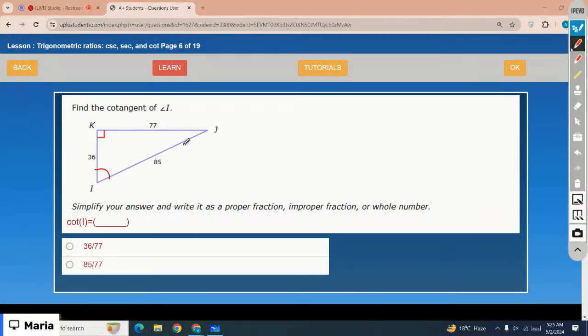Here is the angle I. That would be cot of angle I is adjacent over opposite, right? So which is the adjacent? According to angle I, adjacent is 36 and opposite is 77.